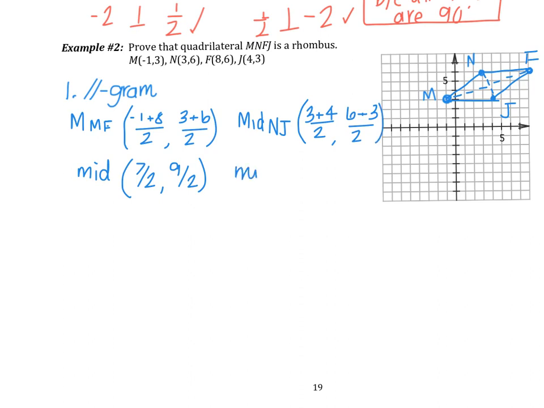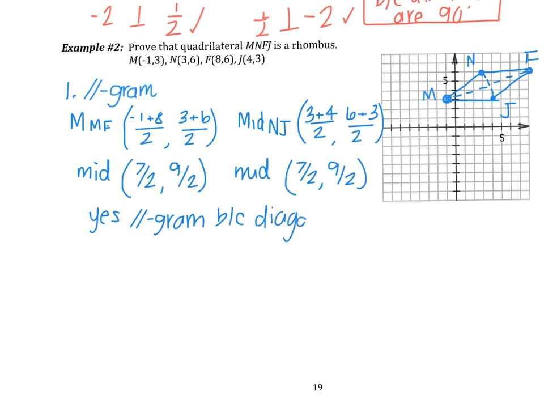So the midpoint of my other diagonal is also 7 halves, 9 halves. So big thing, yes, parallelogram, because diagonals bisect.